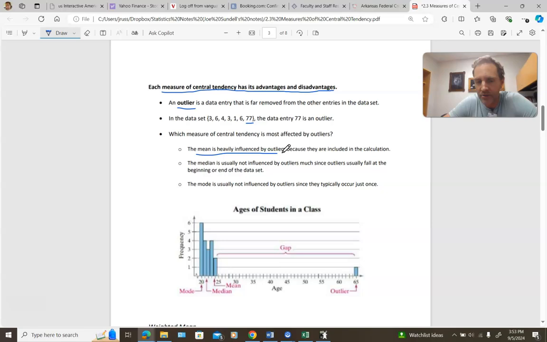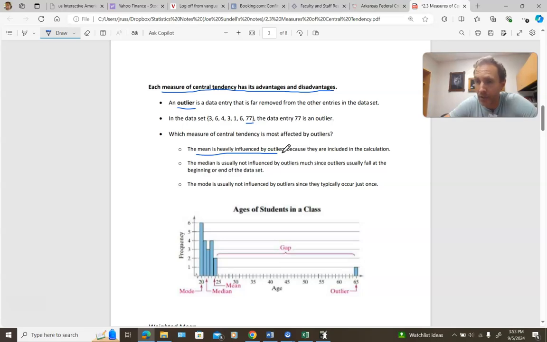So that might range from $10,000 to $50,000, something like that. And then I'll ask them, well, what if somebody like Bill Gates or Elon Musk or Jeff Bezos comes in the room? Do you think that would affect the average? And the answer is yes, it would greatly affect the average.